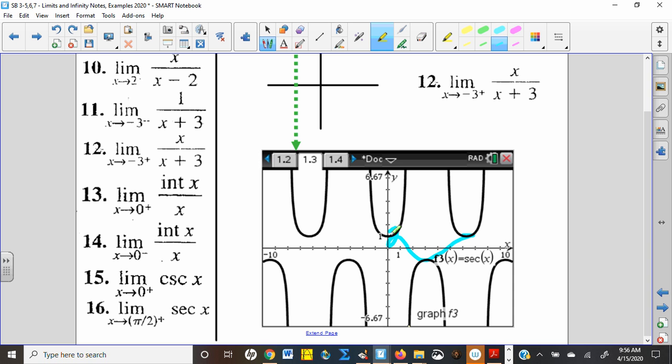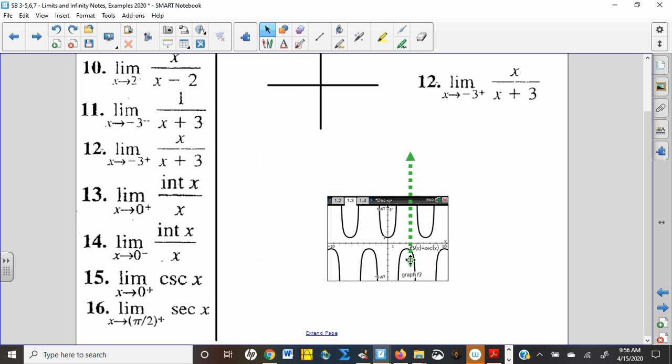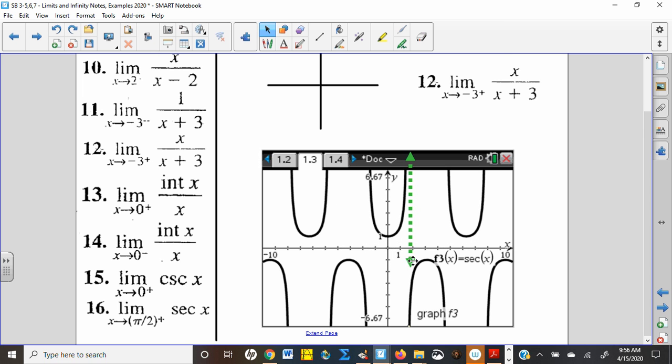And you make it go up from the maxes, down from the mins, and the zeros become the vertical asymptotes. And so we end up with vertical asymptotes at every odd multiple of pi over 2. The trick here, though, is that my asymptotes don't always have the same behavior. Okay, and that's where this can get kind of crazy.